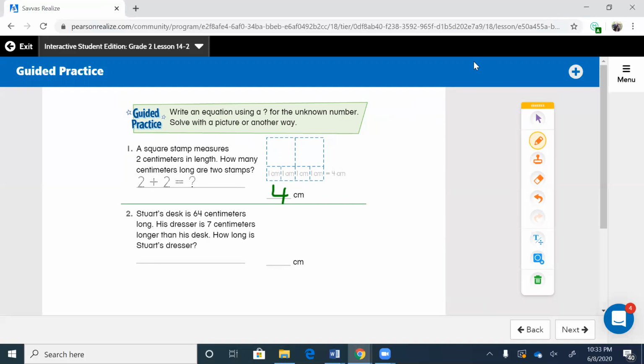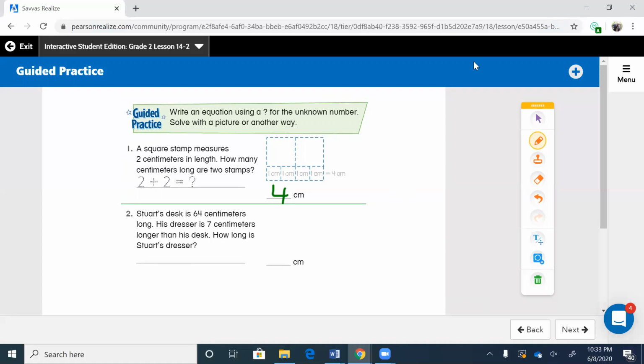Stuart's desk is 64 centimeters long. His dresser is 7 centimeters longer than his desk. How long is Stuart's dresser? All right, so the question is asking us to find how long Stuart's dresser is, but they didn't tell us how long it is.